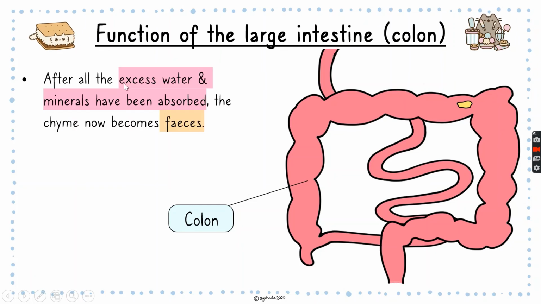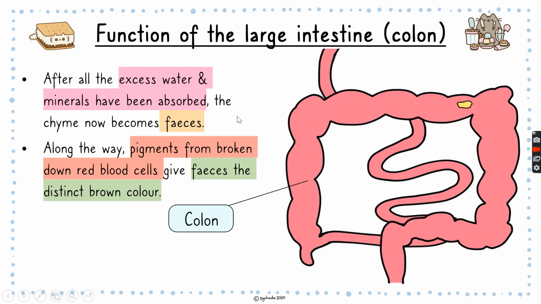Once the excess water and minerals are absorbed, the chyme becomes more solidified. So now we have feces, and along the way, pigments from broken down red blood cells give feces that distinct brown color.